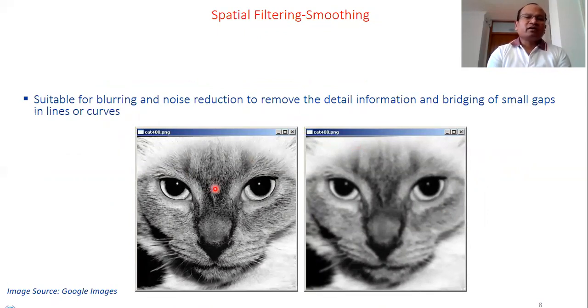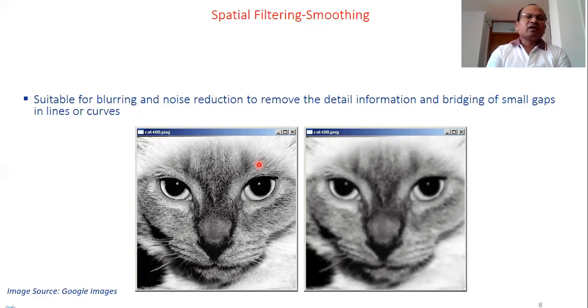If you look at the black color or these edges, the hairs of the cat, which are edges, they are known as high frequency components. Wherever there are sharp things, they are called edges. And those edges are smoothened here. So in the second picture, you cannot find very clearly the hairs on the head of the cat.